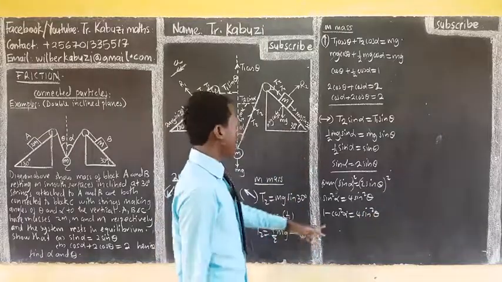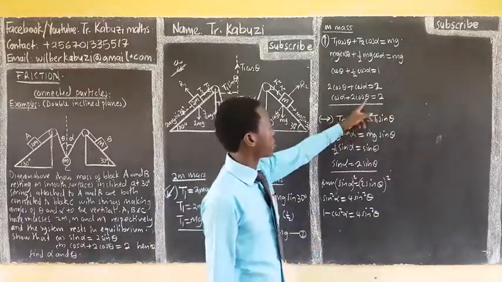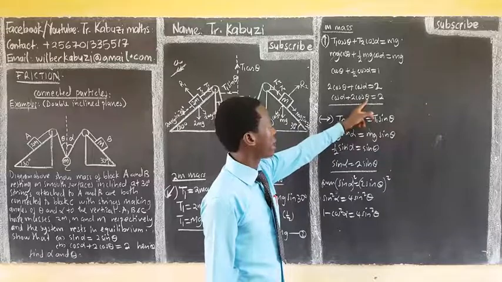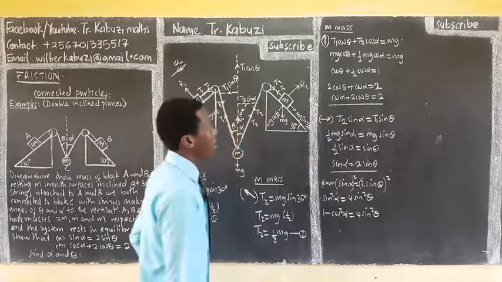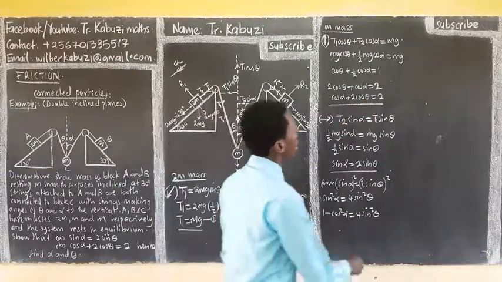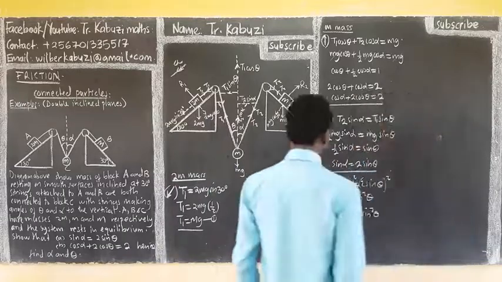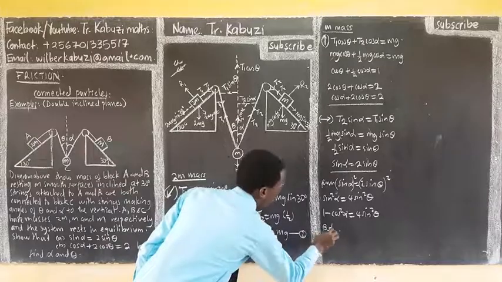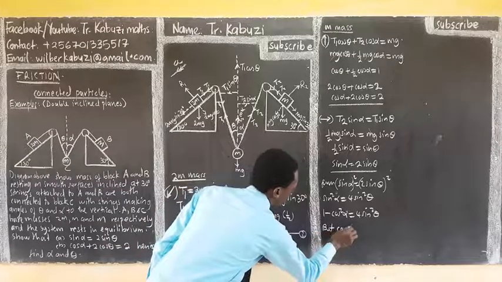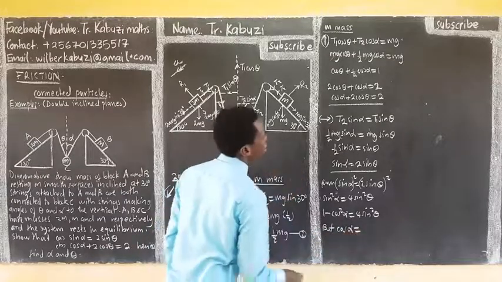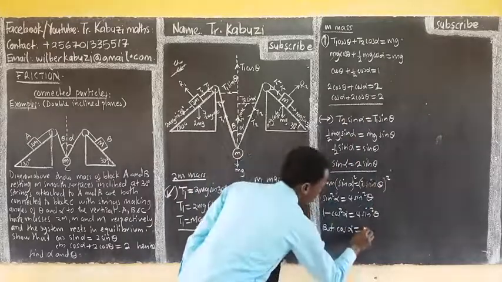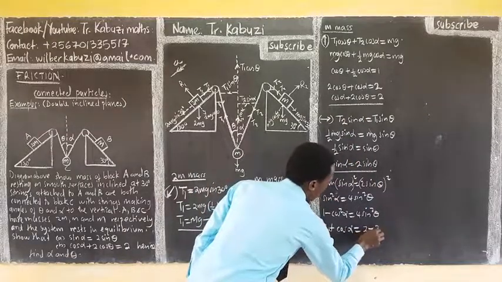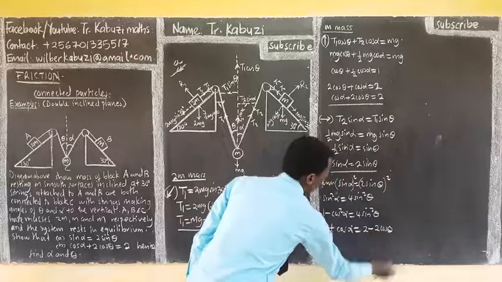Now I don't want this, I want it in terms of theta. So I make cos alpha the subject: cos alpha is equaling to 2 minus 2 cos theta.